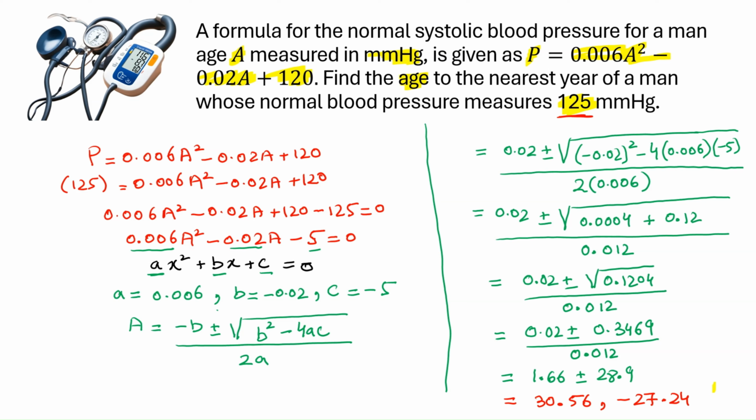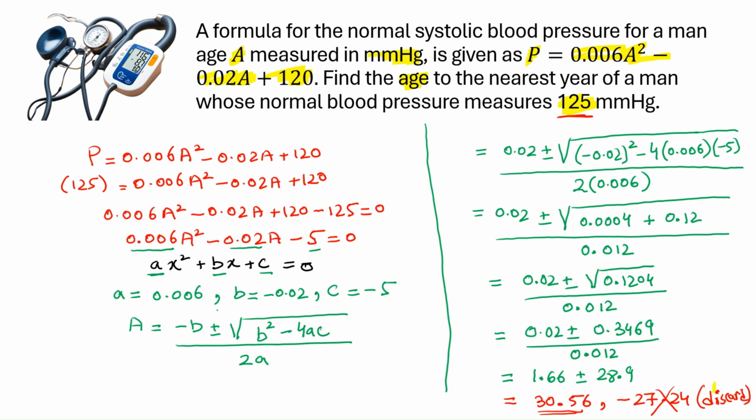Now what we are looking for is the age of a person. If we are looking for the age, a negative number doesn't make any sense, so we are going to discard this one.